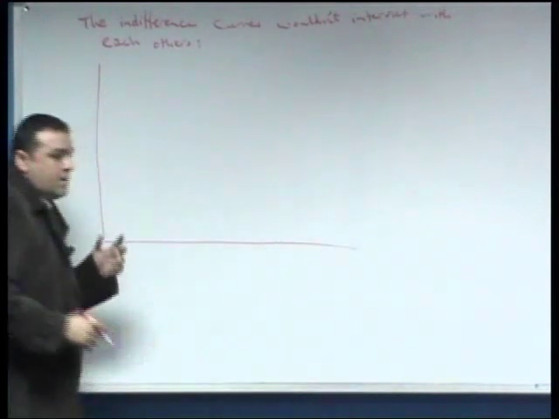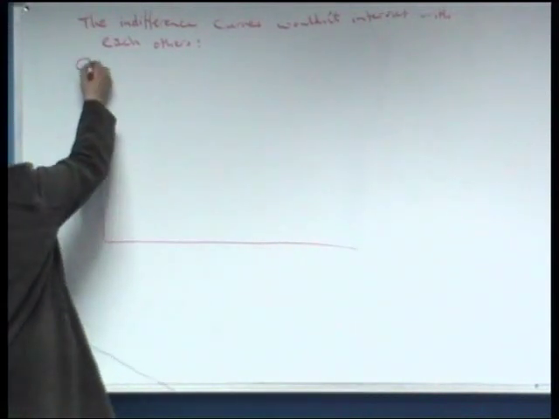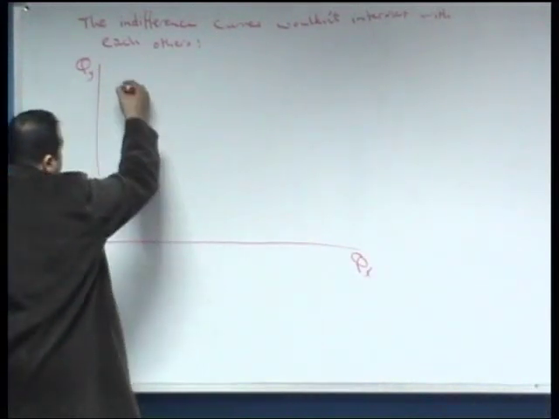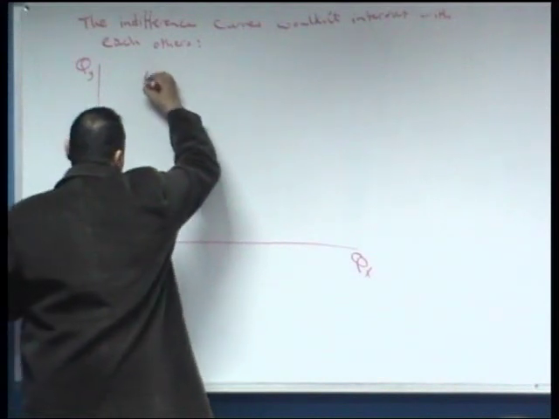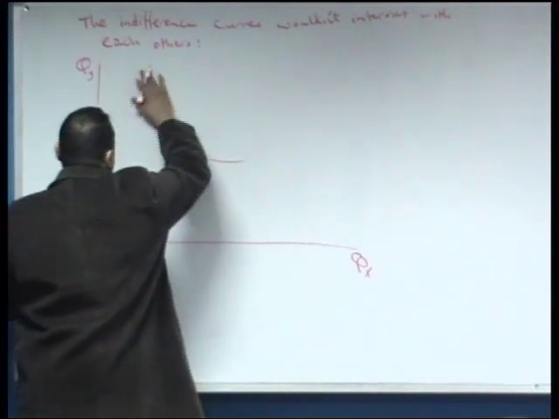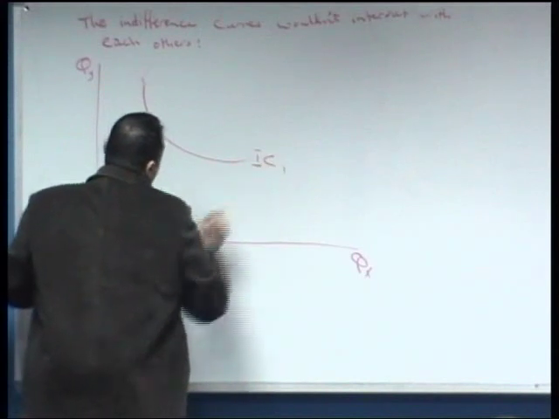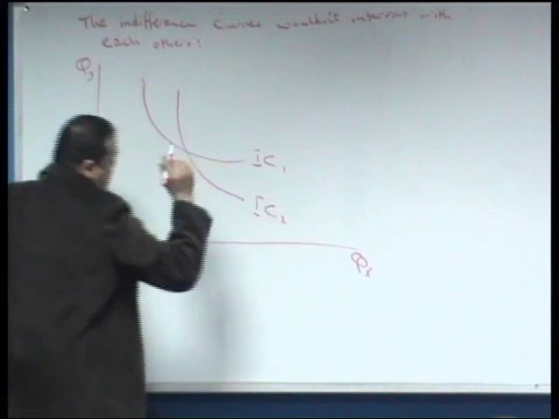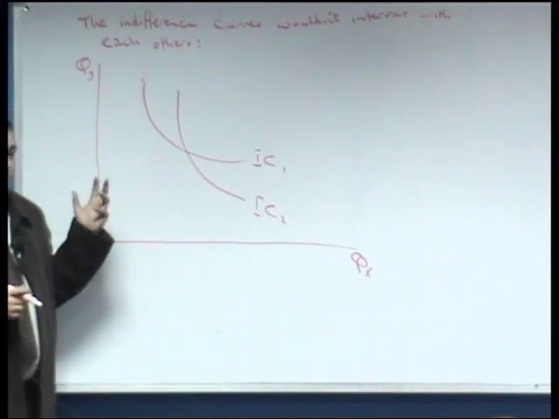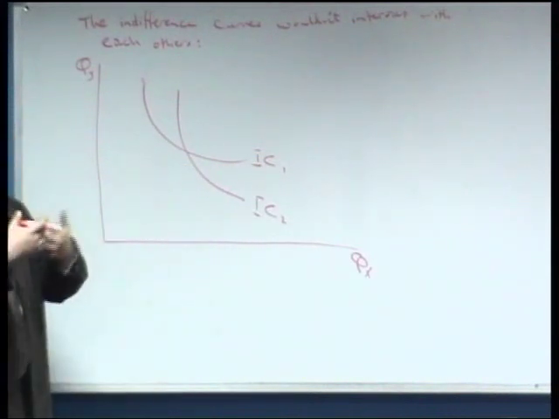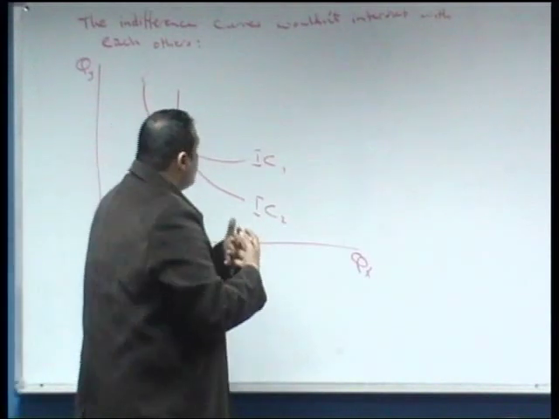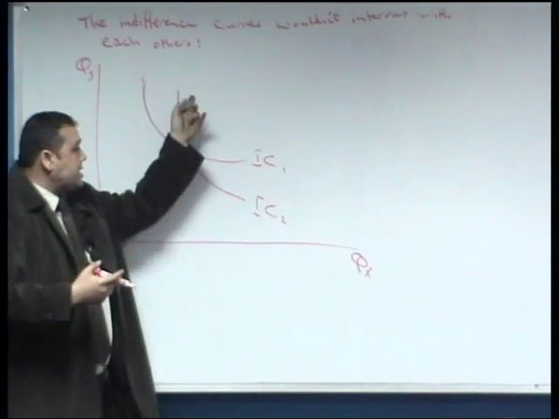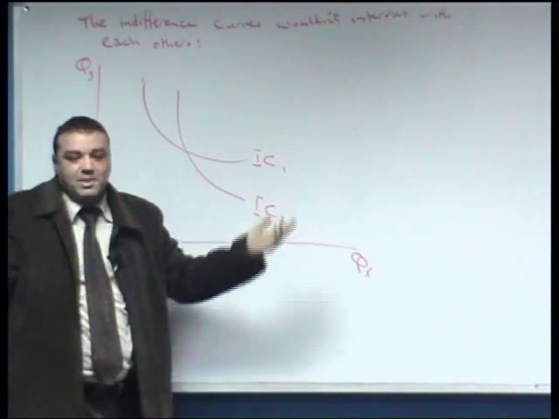Suppose that we have the following diagram, QY, QX, and this is indifference curve 1, IC1, and this is IC2. Our assumption is that the intersection between IC1 and IC2 is impossible.